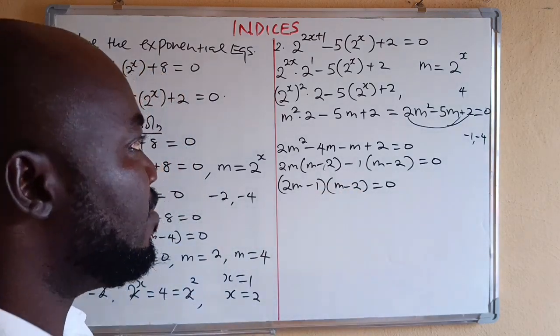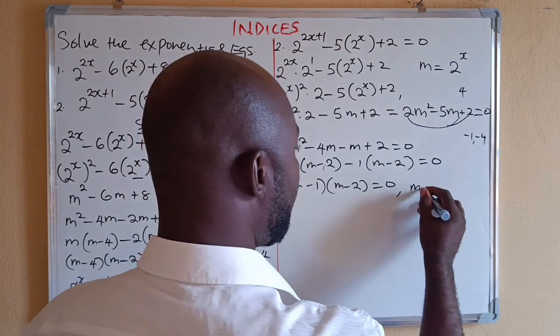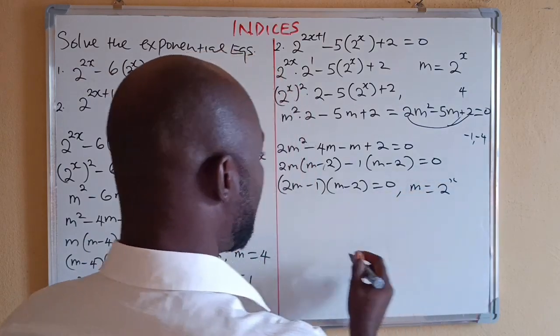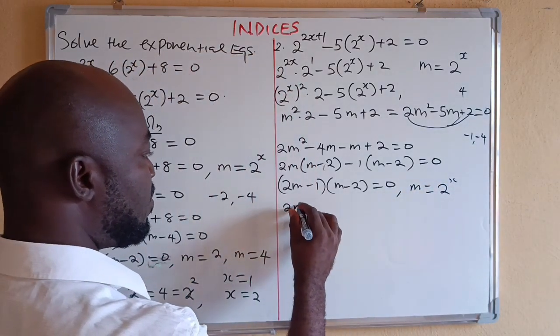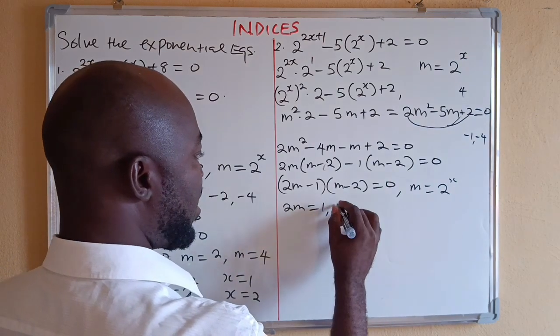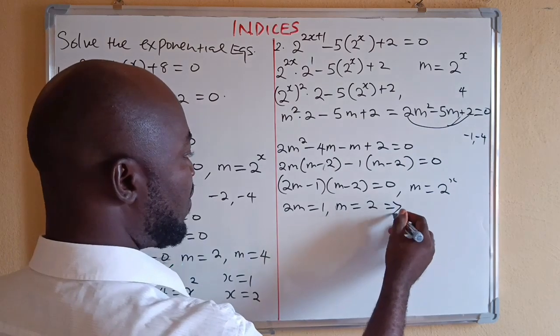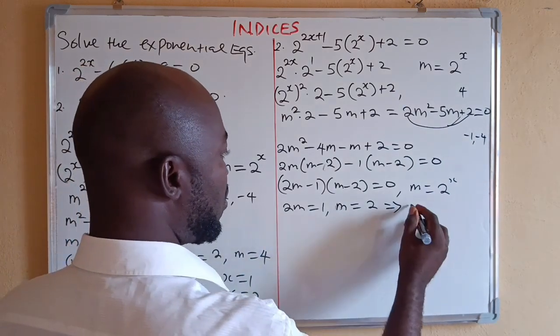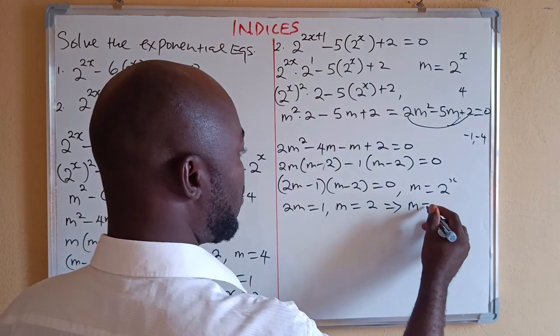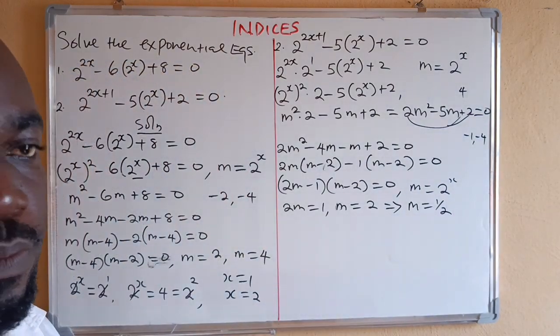But take note that my m is 2 to the power of x. So if I solve this, I will have 2m equals 1, and my m here equals 2. So I'll have the value of m for this one to be 1 over 2, and the second m is going to be 2.